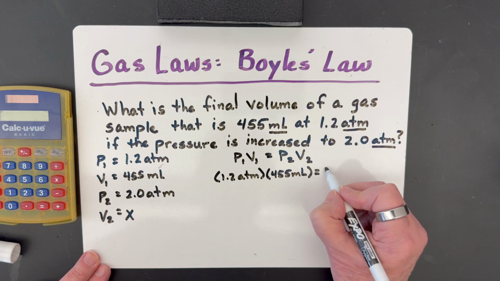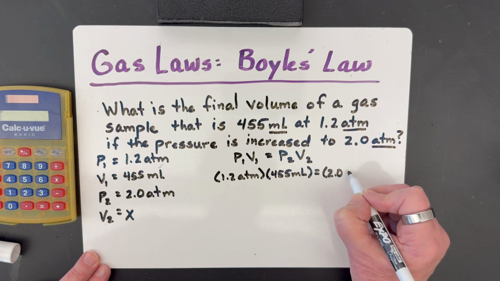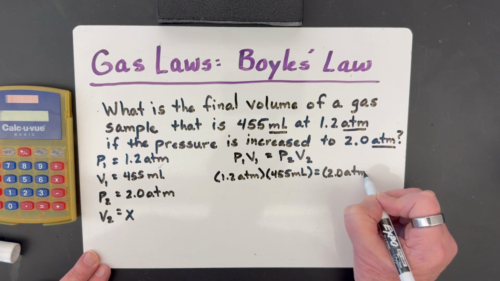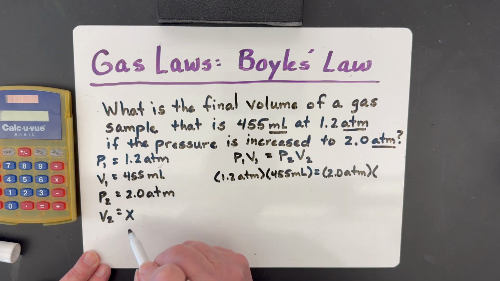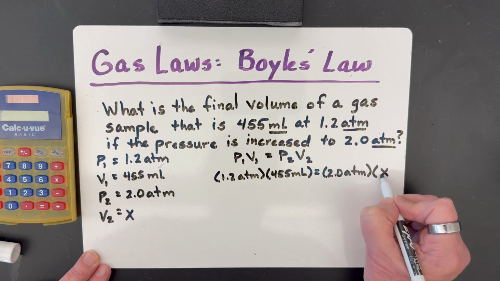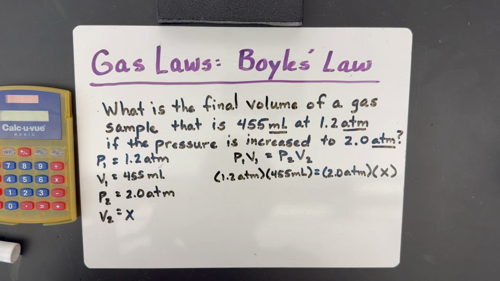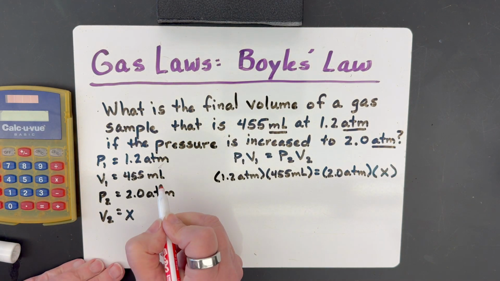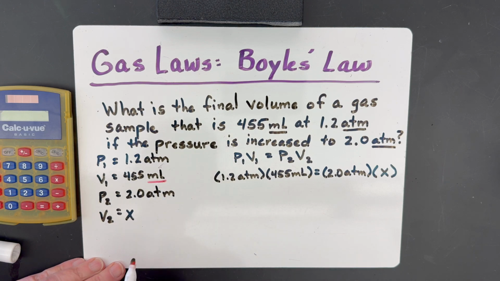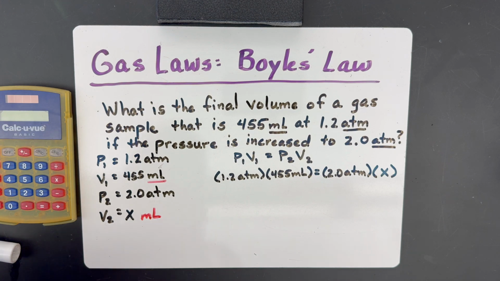Pressure 2 is 2.0 atmospheres. And volume 2 is our X. And to figure out what units that will be, look at volume 1. So since volume 1 is in milliliters, our V2 is going to come out in milliliters.